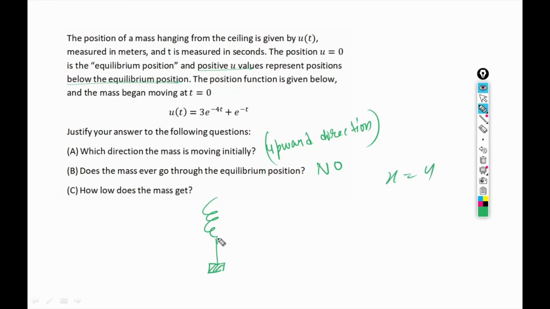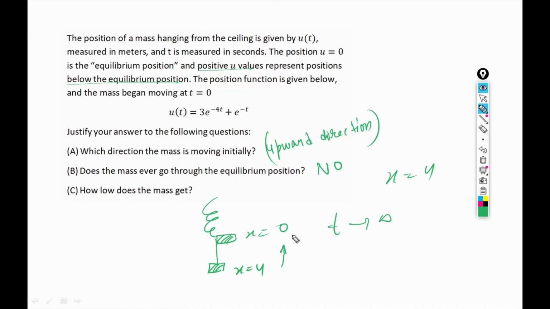Let's say this is the equilibrium position, at x equals 0, and we are starting at x equals 4. When we release it, it will go up, and it will keep on going up as t tends to infinity. It is not oscillating and it is not coming back. It just keeps on going up.